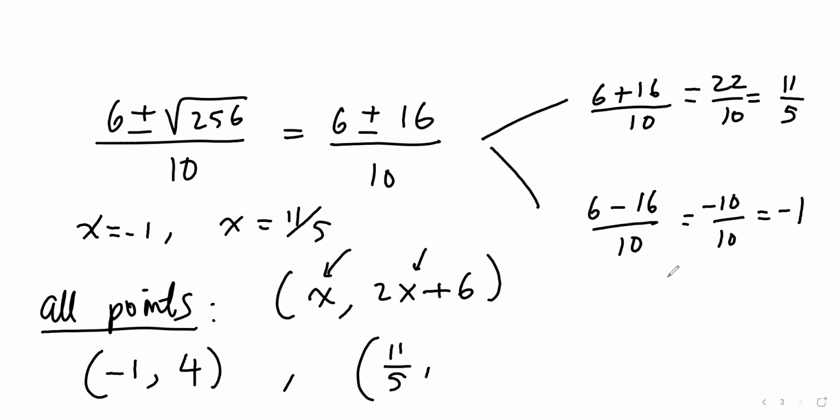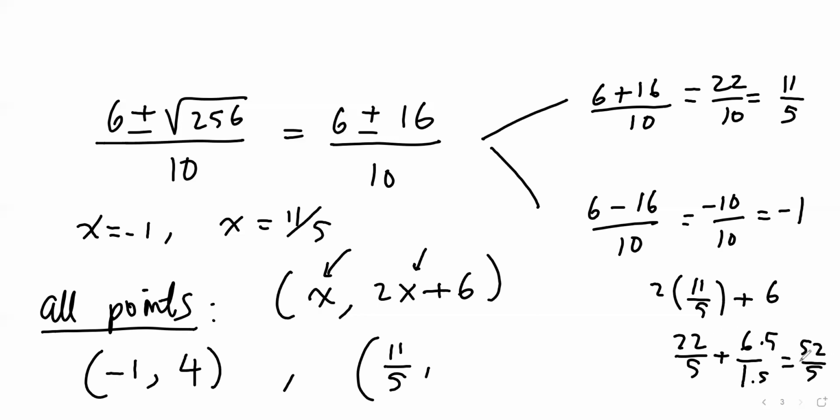Now I have to do 2 times 11 over 5 plus 6, which is 22 over 5 plus 6. You can write 6 as 6 over 1 and multiply by 5, so that's 30. 30 plus 22 is 52 over 5. So the other point is 11 over 5, 52 over 5.